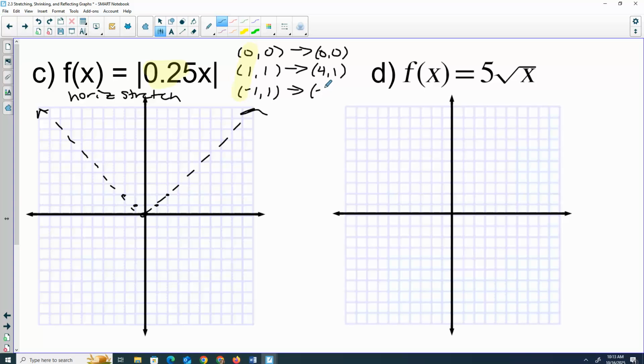Oh, 1. So, we have 0, 0, 4, 1, negative 4, 1. So that horizontal stretch makes it get wider.